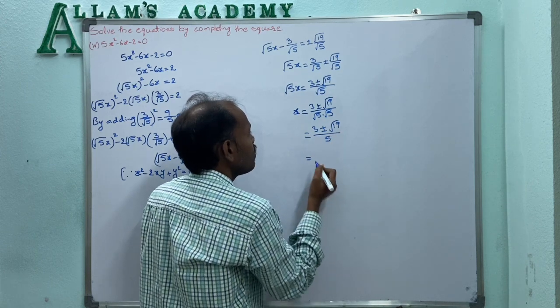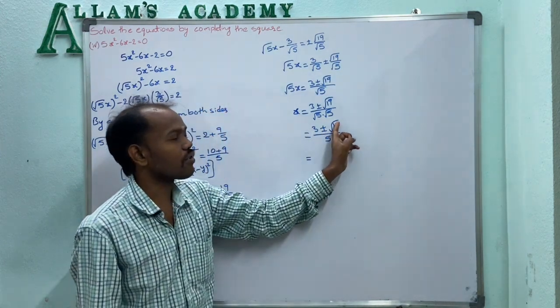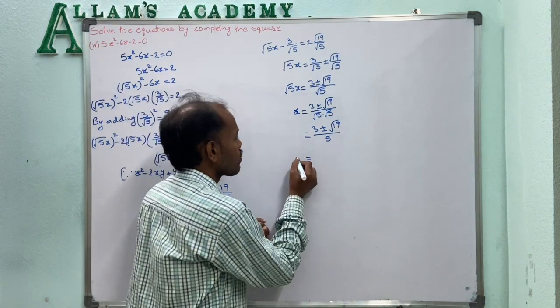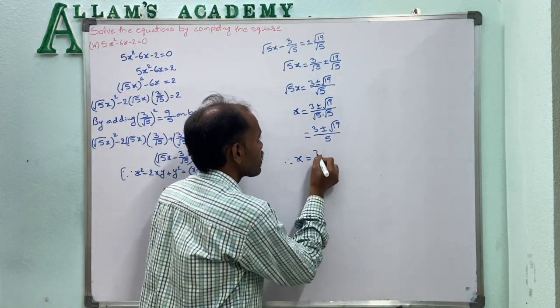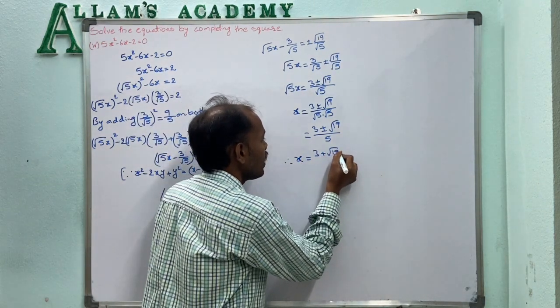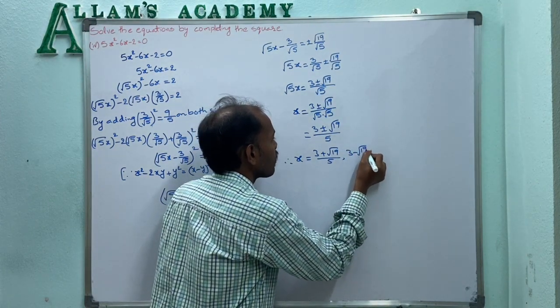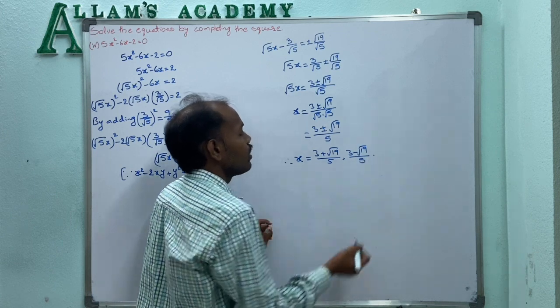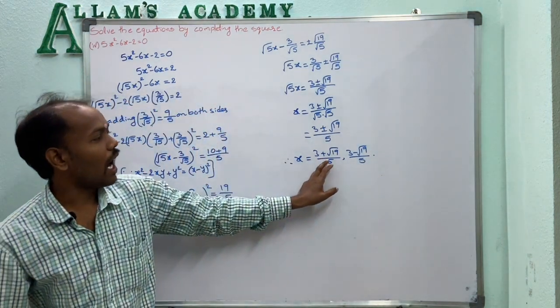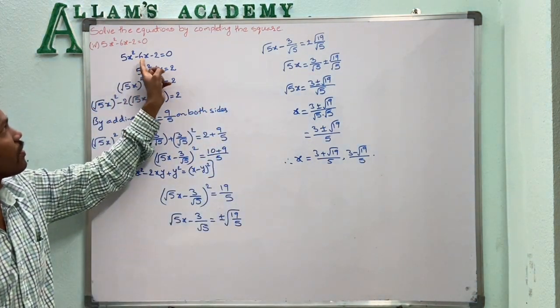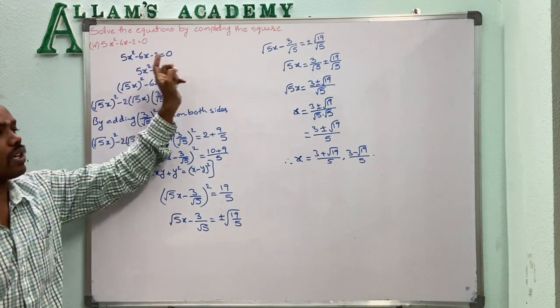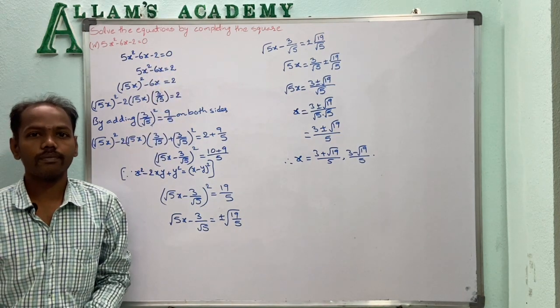So x = (3 ± √19)/5. So the x values are (3 + √19)/5 and (3 - √19)/5. These are the zeros of the quadratic equation 5x² - 6x - 2 = 0.